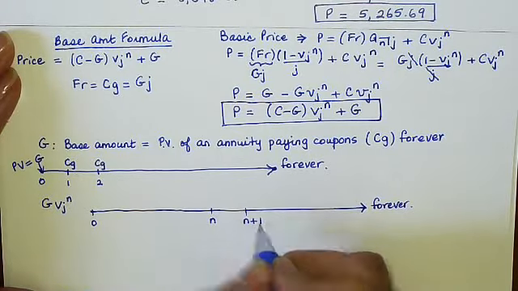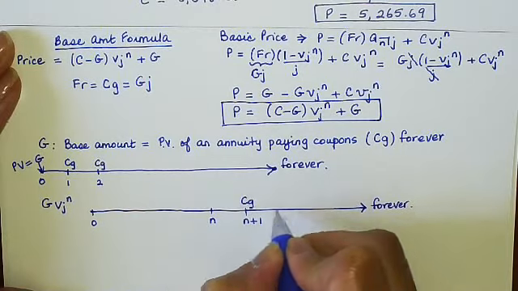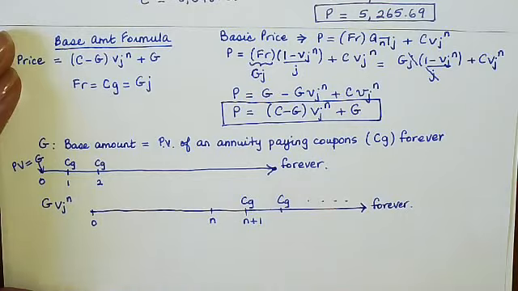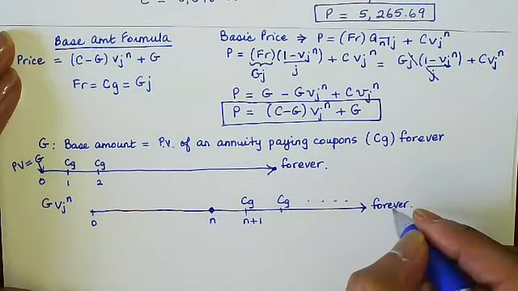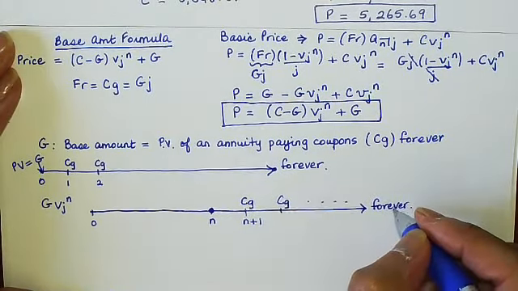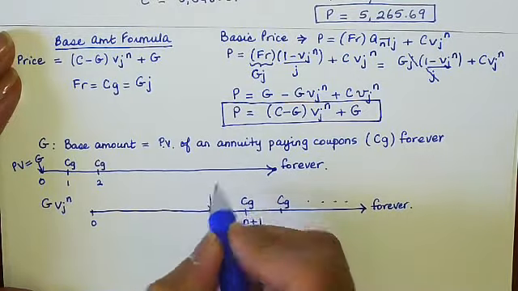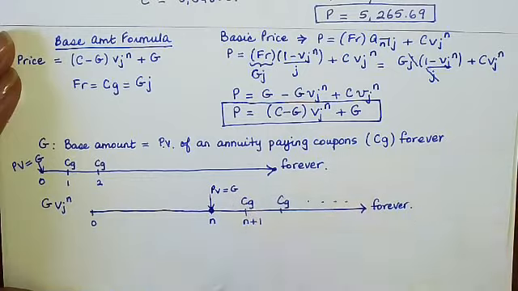Time 0, here's time n, here's time n plus 1. If I have payments of CG, CG, and so forth, beginning at n plus 1 and continuing forever, the present value of that perpetuity, it's a deferred perpetuity, the present value here would be G.